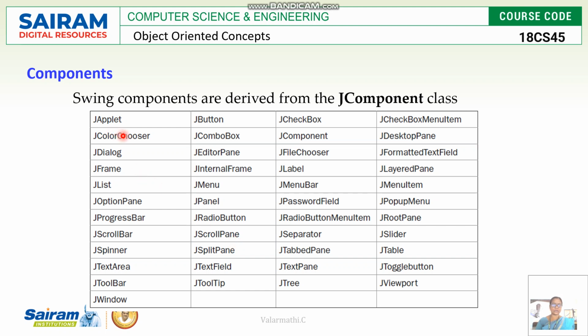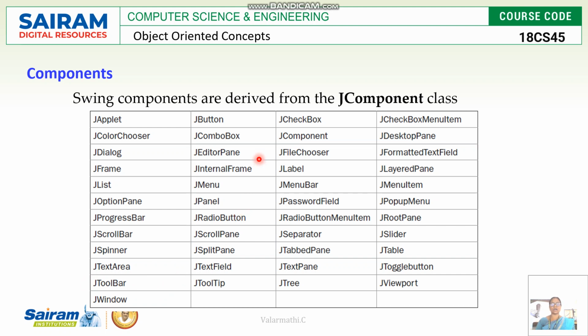There are n number of Java Swing components derived, all prefixed with a capital J. In the normal AWT application this is Applet, but in Java Swing it is called JApplet. Then JColorChooser, JDialog, JFrame, JList, JOptionPane, JProgressBar, JScrollBar, JSpinner, JTextArea, JToolBar, JWindow.